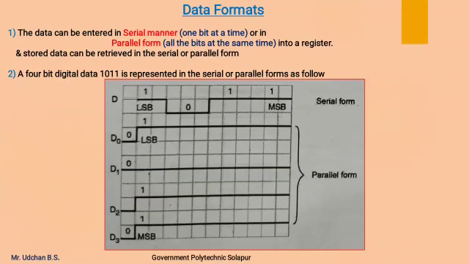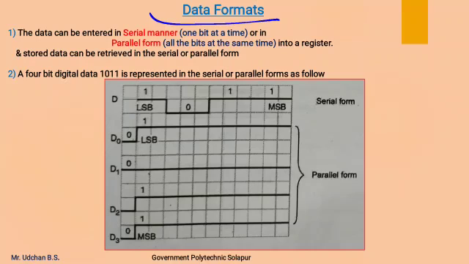Now we will see the data formats which are available in serial as well as parallel form. The data can be entered in serial manner, 1 bit at a time, or in parallel form, in which we put all the bits into a register at the same time, and stored data can be retrieved serially or in parallel.